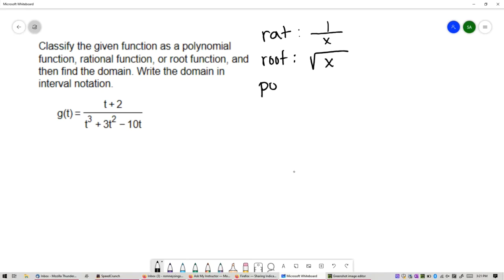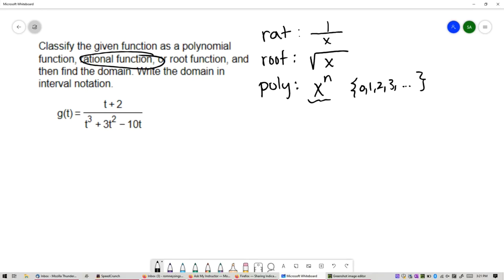And for polynomials, you're looking to have x to a power, and that power needs to be a nice whole number, 0, 1, 2, 3, and so on. You should not have any radicals or variables in the denominator with polynomials. So we can see that we have the variable of t in the denominator, so we would classify this as a rational function.